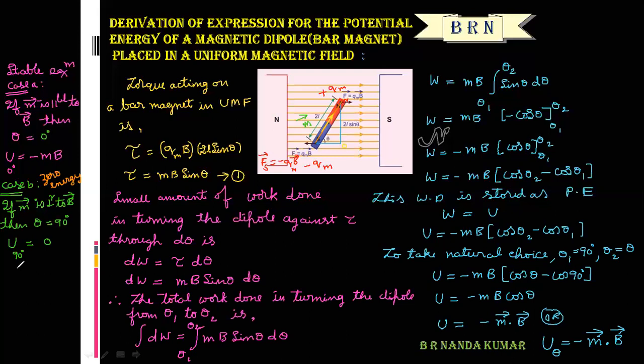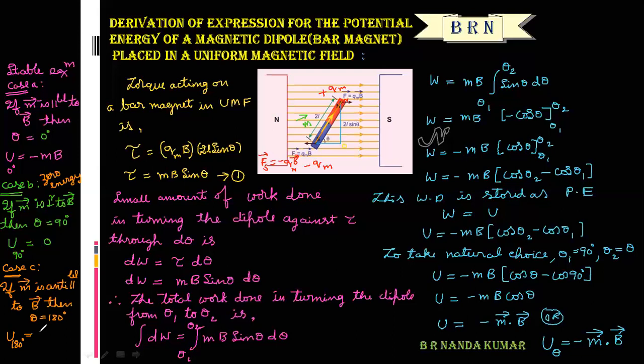Okay. And the last case. If m vector is anti-parallel to B vector, then what is the value of theta? Then the value of theta is 180 degree. So U at 180 degree is minus mB cos 180. Cos 180 is minus 1. Minus into minus is plus.